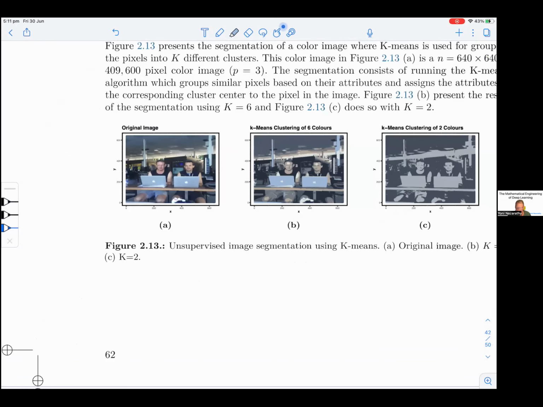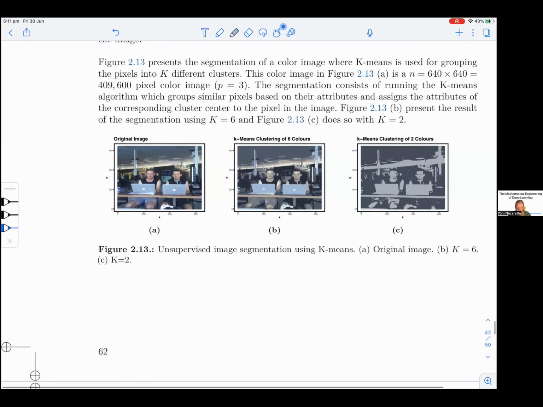The segmentation consists of running the k-means algorithm, which groups similar pixels based on their attributes and assigns the attributes of the corresponding cluster center to the pixel in the image. Figure 2.13b presents the result of the segmentation using k equals 6. So if we decide to have 6 clusters. And figure 2.13c does this with k equals 2.